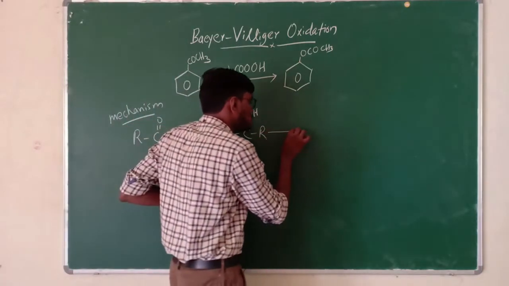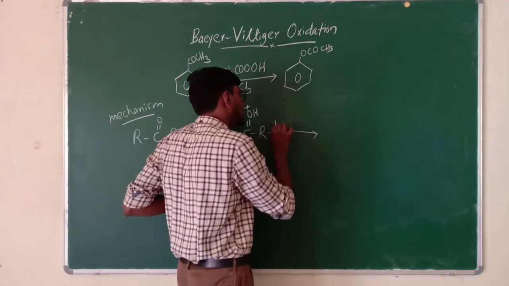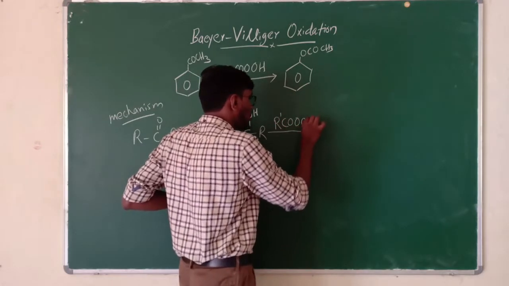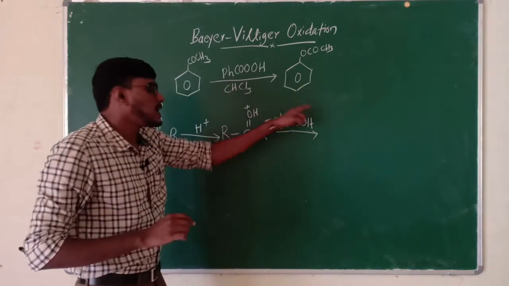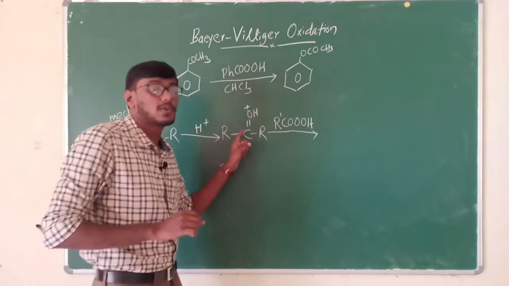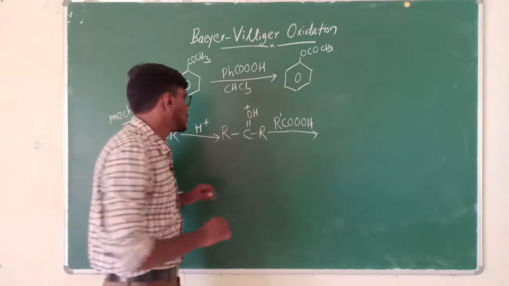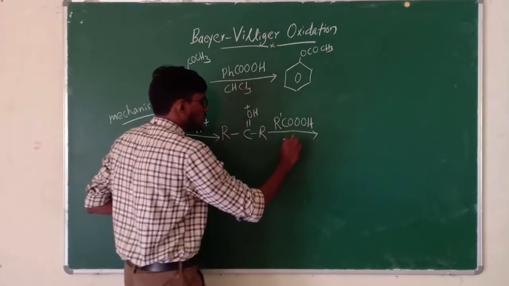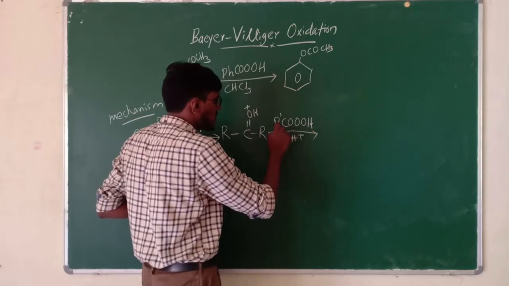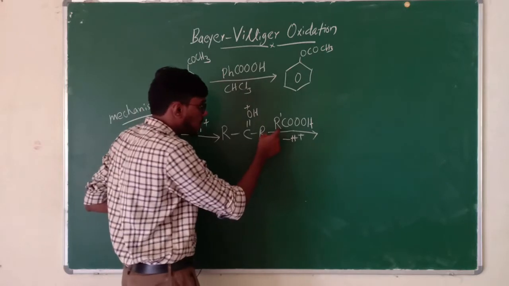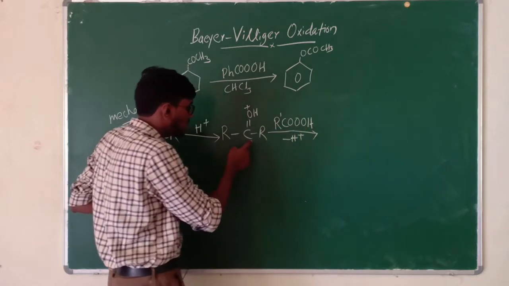In the next step, one of the peracids, R dash COOH, adds to this protonated ketone. H plus leaves, and then R dash COO minus adds towards this carbon.